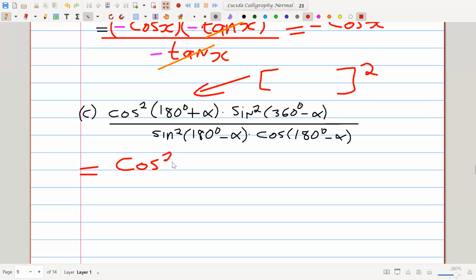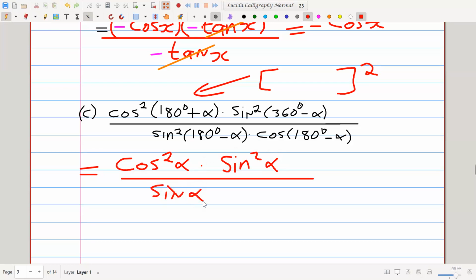So basically you'll end up with cos squared multiplied by sine squared alpha divided by the sine of alpha, which is 180 minus. So 180 minus sine is positive, but we have that square over there.